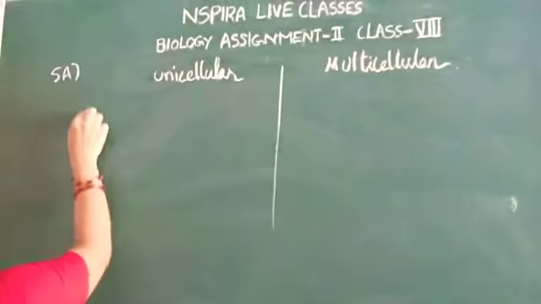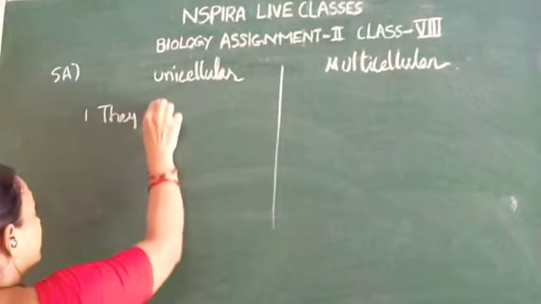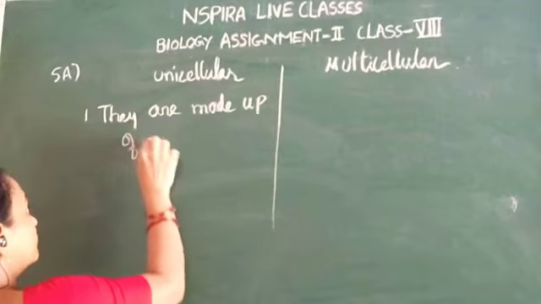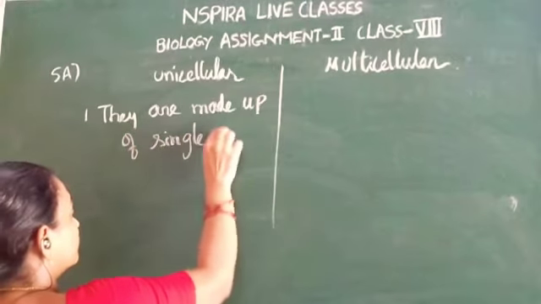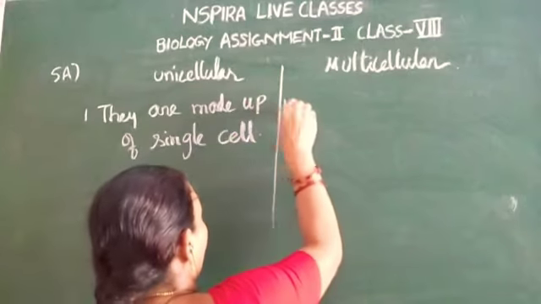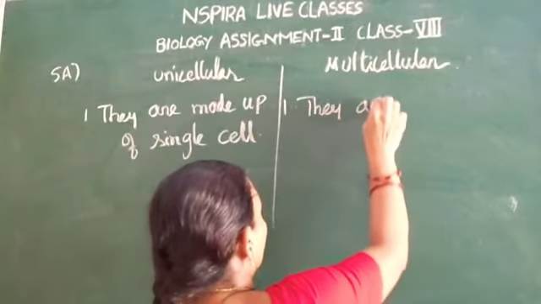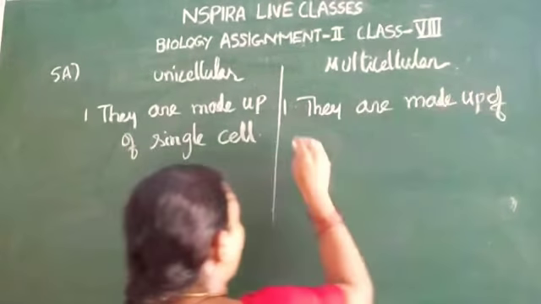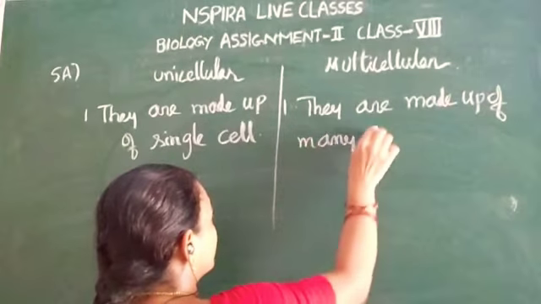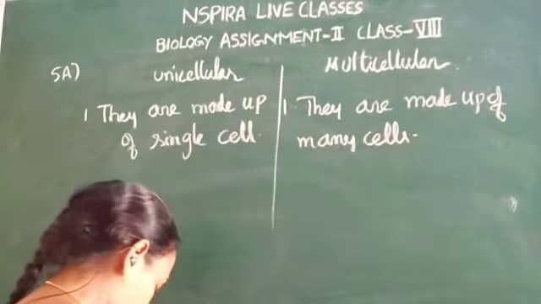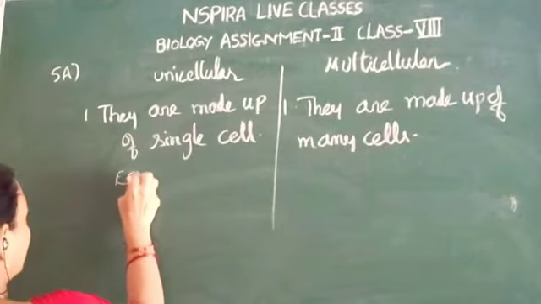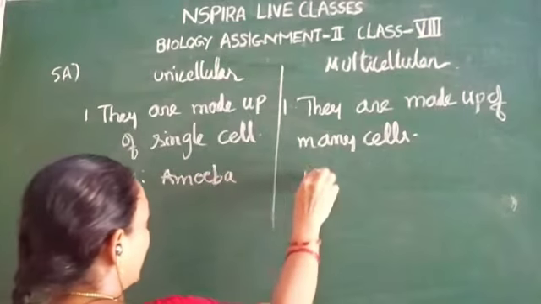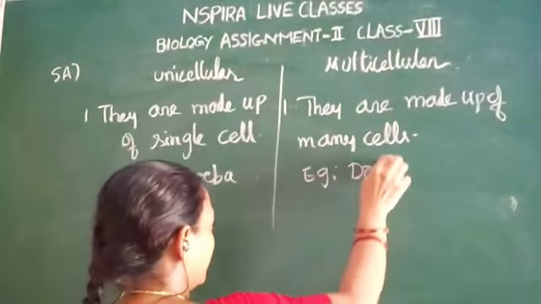Unicellular organisms are made up of a single cell. Multicellular organisms are made up of many cells. Next, the example: amoeba is unicellular, and for multicellular you can write any, such as dog or human being.